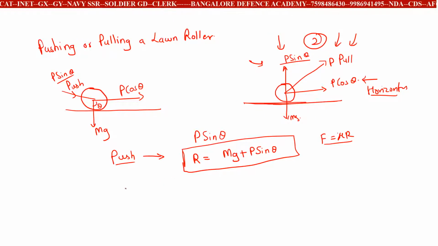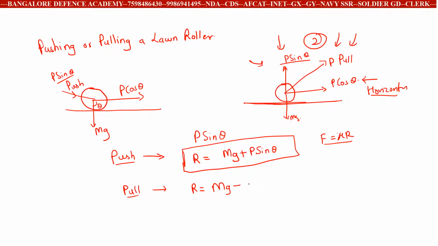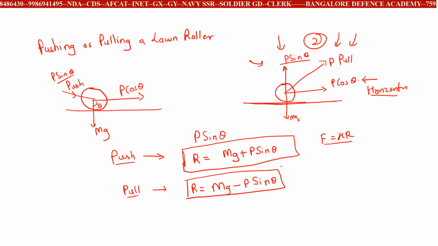So when we are pulling it, I'm going to take R is equal to mg minus P sin theta. These two formulas are very important in order to solve the numericals. Many questions are asked from these formulas. So this is what happens when you are pushing or pulling a roller.